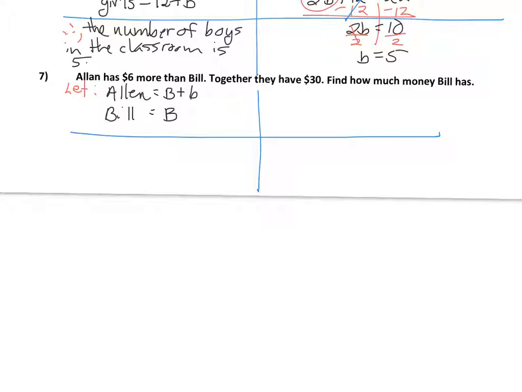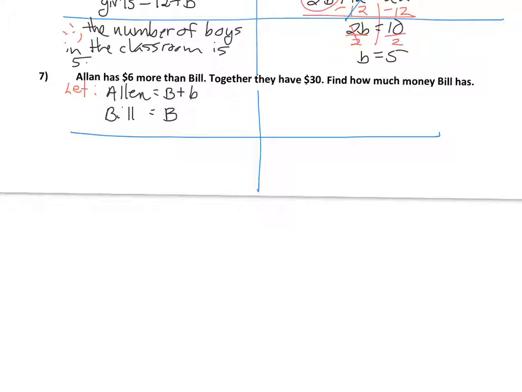Then they go on to tell you something else to help you set up your equation to solve. Together they have $30. So this plus this is $30. It's not just Alan, B plus 6. I realize that kind of looks like a 10. Sorry about that. But it's not just Alan equals 30, it's Alan plus Bill.